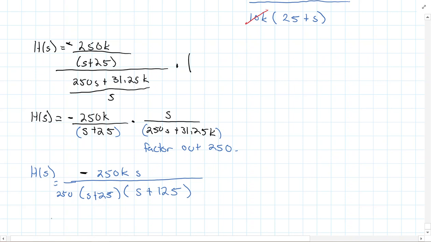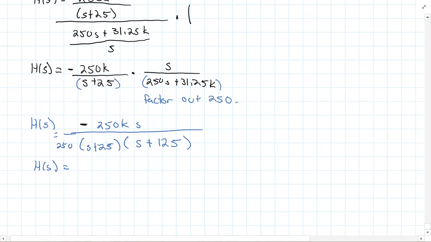And then simplifying this finally, we get 1,000, because it would just be 1K, 1,000 S over S plus 25, S plus 125. So the numbers actually worked out pretty nicely just by keeping track of things here. And so this is my transfer function. So this is part A.